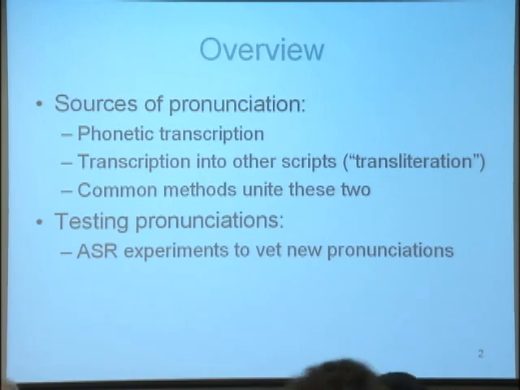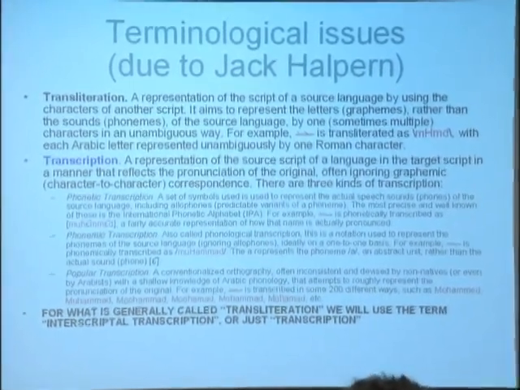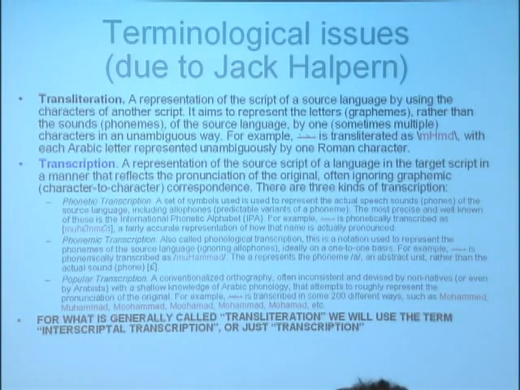Let me just give a brief point. I don't expect you to read any of this, but there's a simple point here, just a terminological issue. In the literature, in particular on transcription between scripts, you'll often see the use of the term transliteration. I'm going to try to avoid using that term, although I will probably find myself slipping into it.